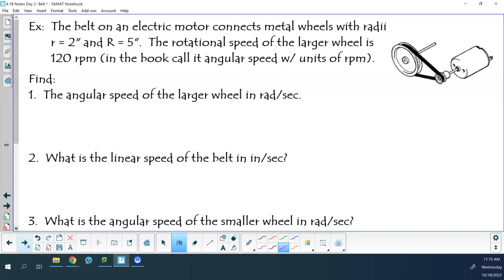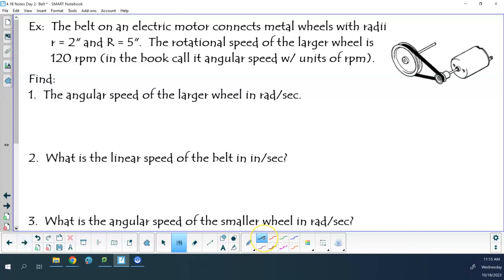It looks like the picture in the upper right hand corner. The rotational speed of the larger wheel is 120 revolutions per minute. We want the angular speed of the larger wheel in radians per second.